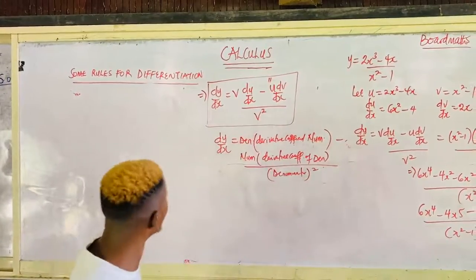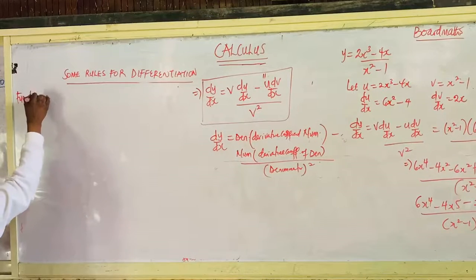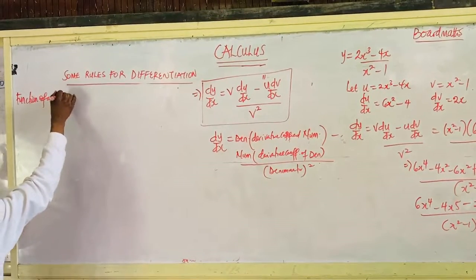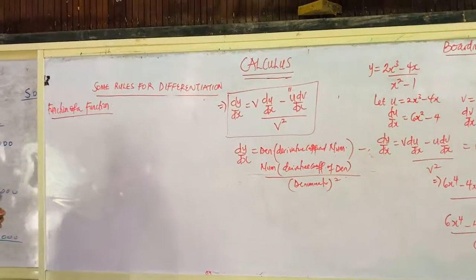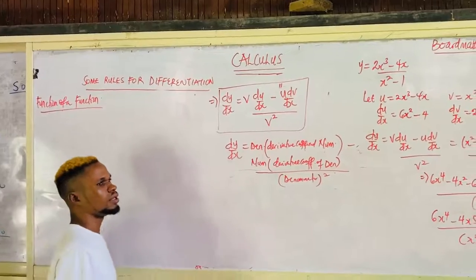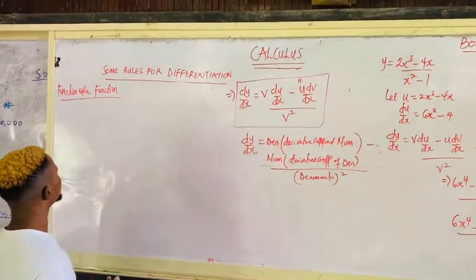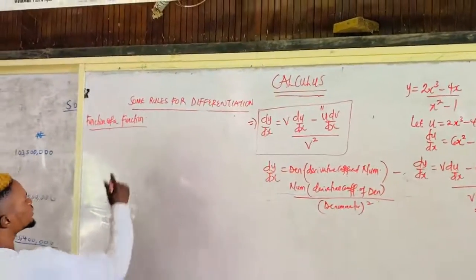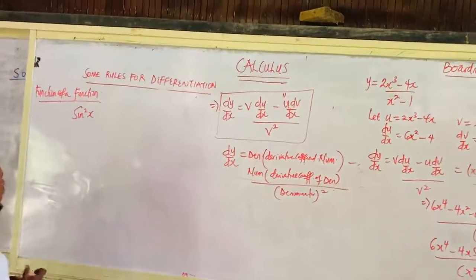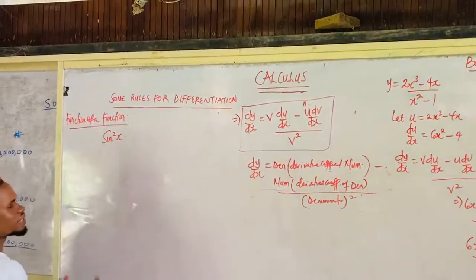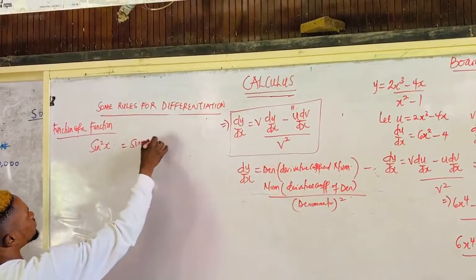Also, we have the function of a function. Now, what does this function of a function imply? Let me use a trigonometric function to throw some light on that. Let's consider sine squared x. That means it's the same thing as sine x times sine x.